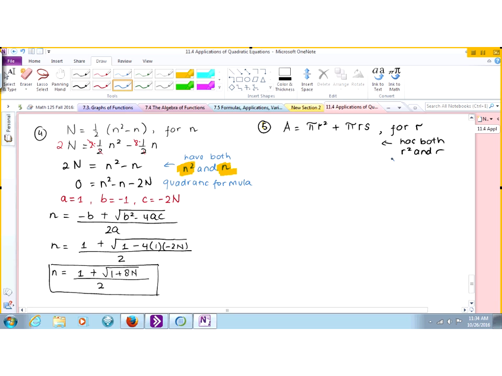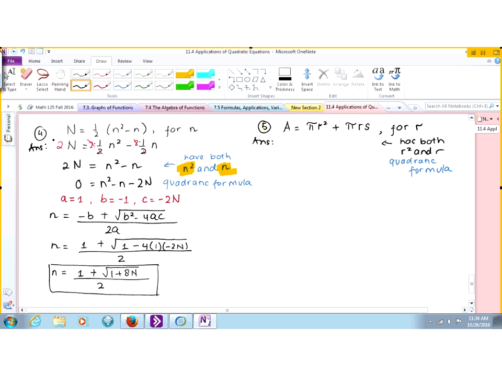So what are you going to do? So use the quadratic formula. Good. So if we use the quadratic formula, what do we do? Standard form.